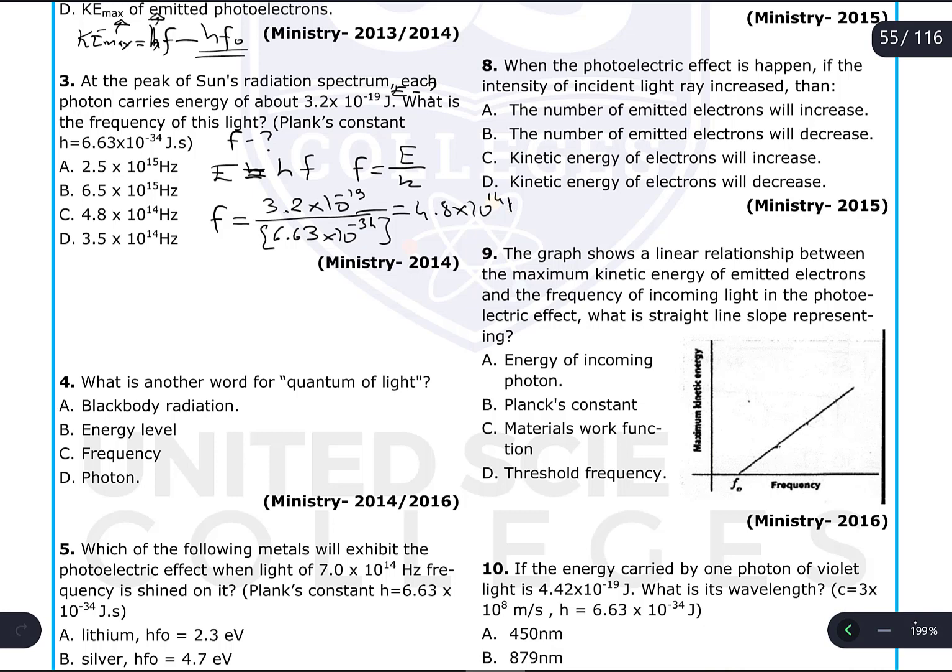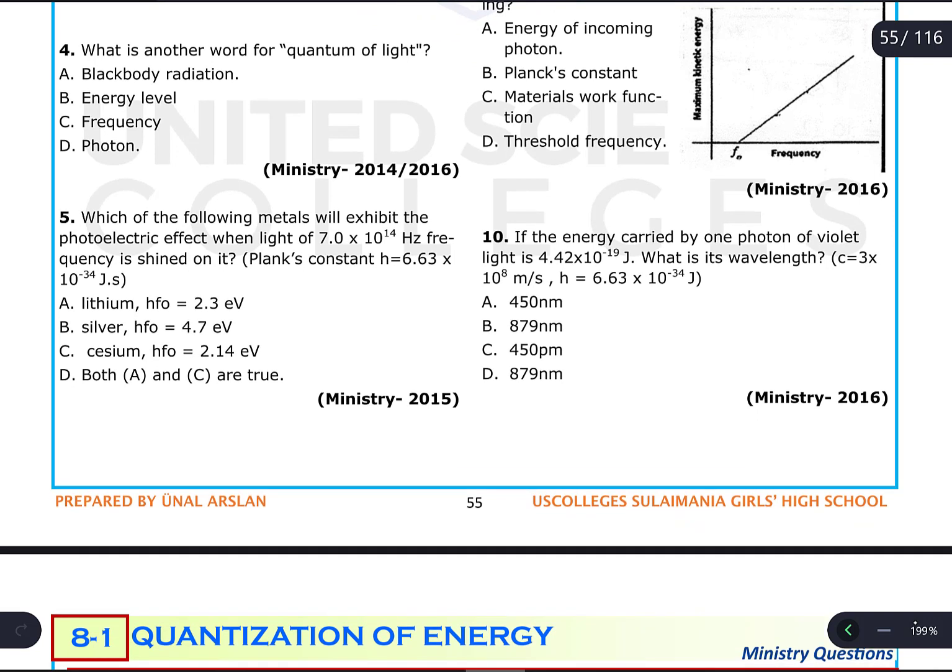So this is the frequency of this photon. Question number 4. What is another word for quantum of light? Quantum of light is the expression which was used by Max Planck. So Einstein named this a photon.